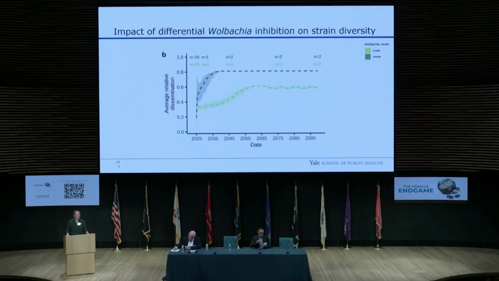What you're seeing is that for both Wolbachia interventions, you get selection for those viruses with the highest relative dissemination, which makes sense. And so over this time span we end up with pretty much 2 viruses, the ones with the highest relative dissemination in our experiments, that would be selected for.